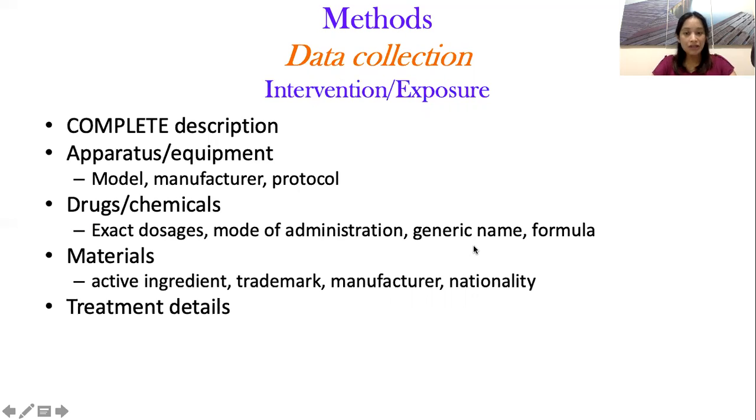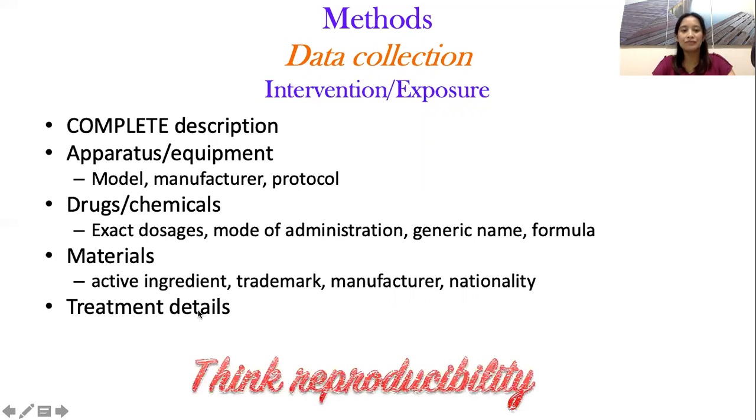Active ingredient, trademark, manufacturer, nationality, and the treatment details. How are you going to administer it? Is a nurse going to administer it? How often? Daily? Once a week? Once a month? Is it self-administered? Is it self-titrated? Let's say if it's an insulin.